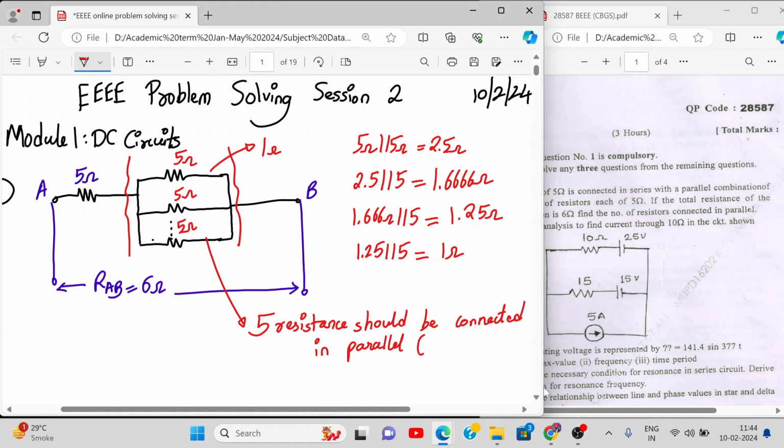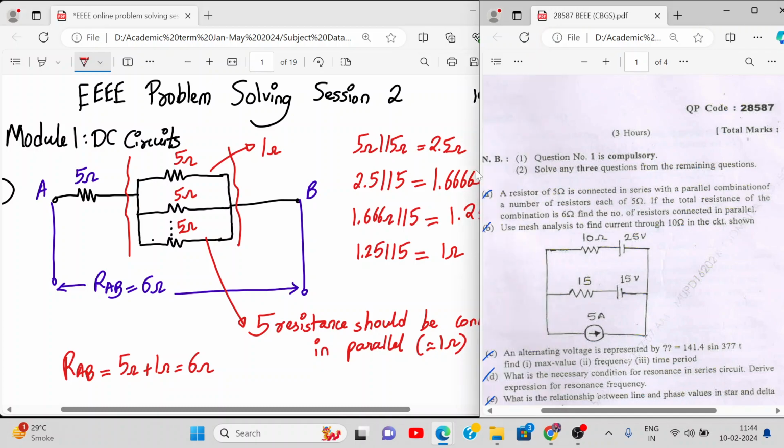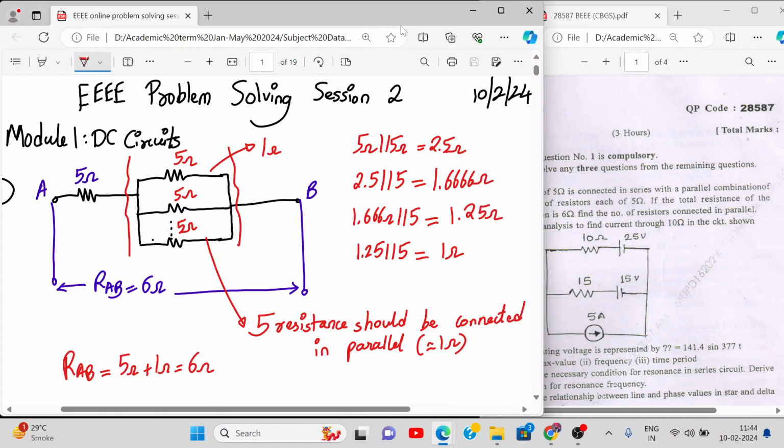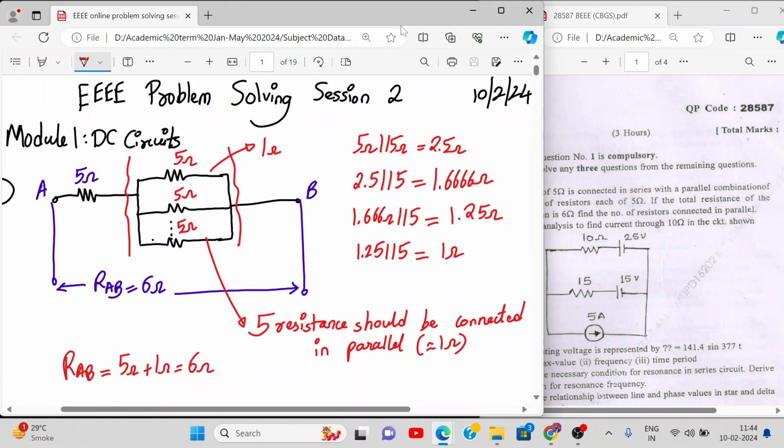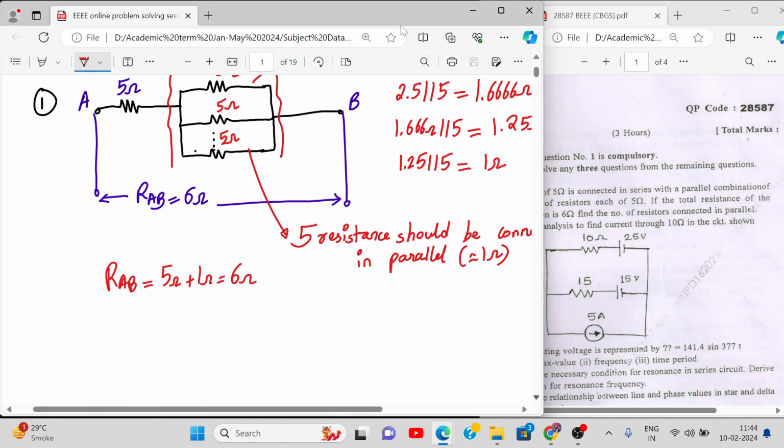So all the parallel resistance will be 1 ohm, such that the total resistance R AB will be 5 ohm plus 1 ohm, equal to 6 ohm. So 5 resistances should be connected in parallel. That is the answer to the first question. Got it? Everyone understood? Can we go on to the next one?